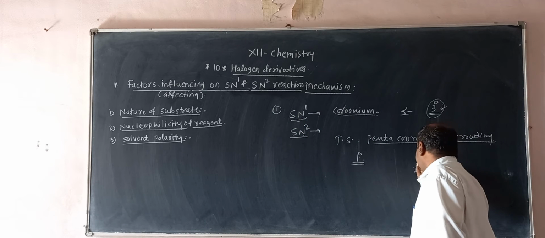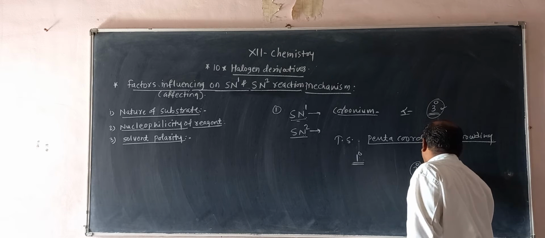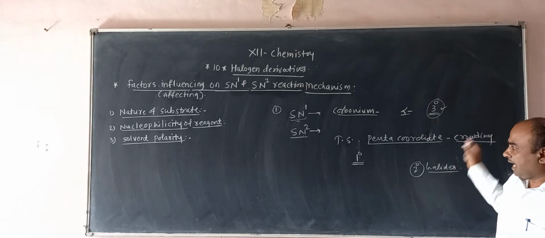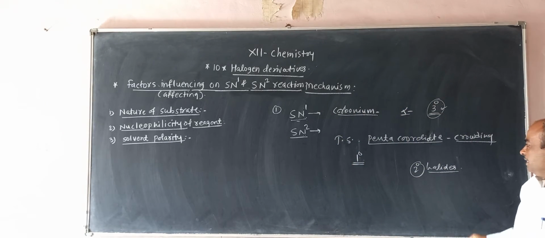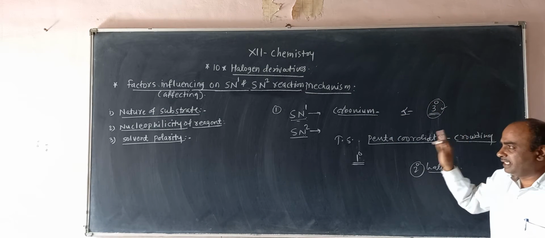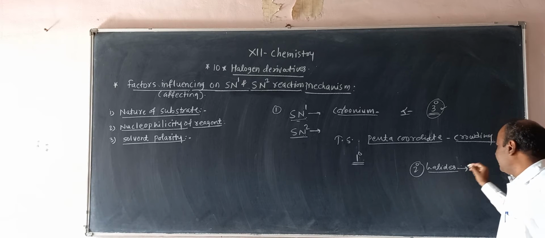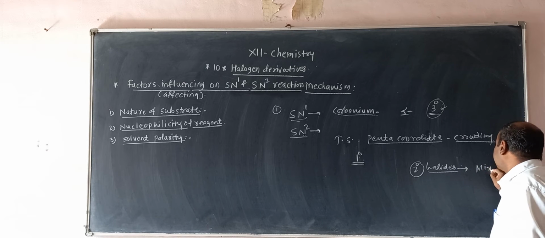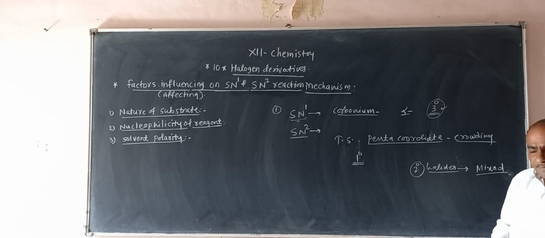Now, if you take secondary halides, they show either the SN1 mechanism or the SN2 mechanism, depending on these factors, that is, on the substrate, reagent or solvent polarity. That means secondary halides show a mixed type of mechanism.